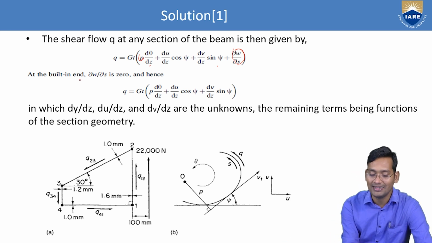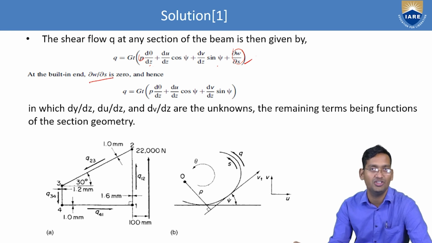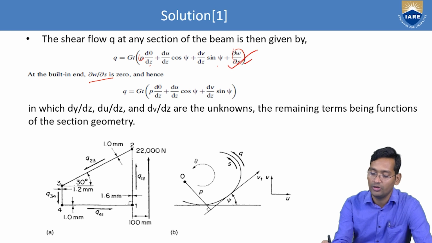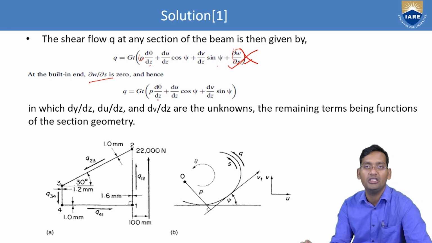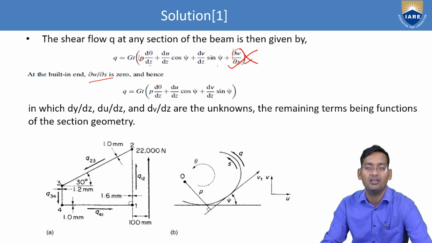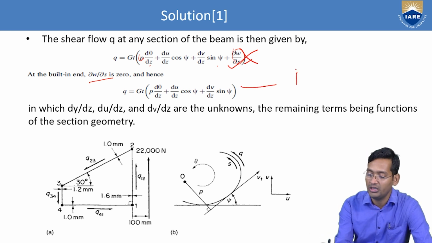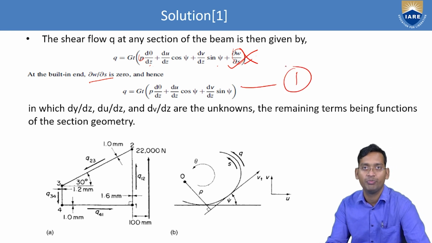At the built-in end, the section is closed, as we have already seen, so ∂w/∂s is 0 and hence this term will not be there. After writing this again, q equals G t into p dθ/dz plus du/dz cos ψ plus dv/dz sin ψ. This will be our main equation. From this only we will solve.